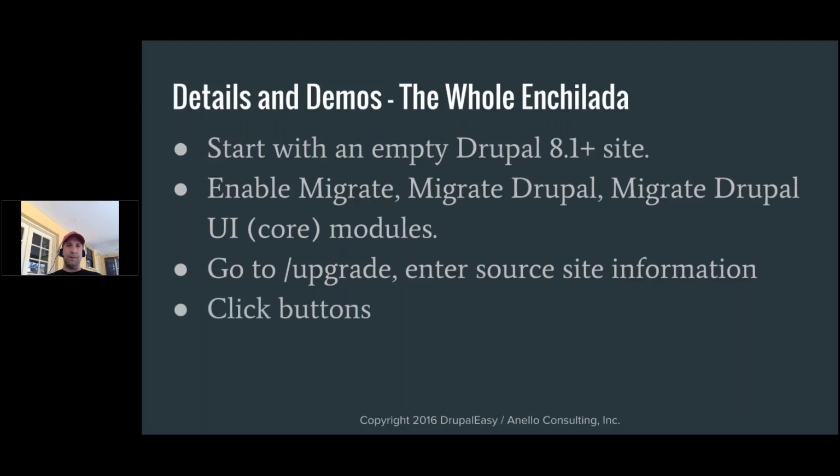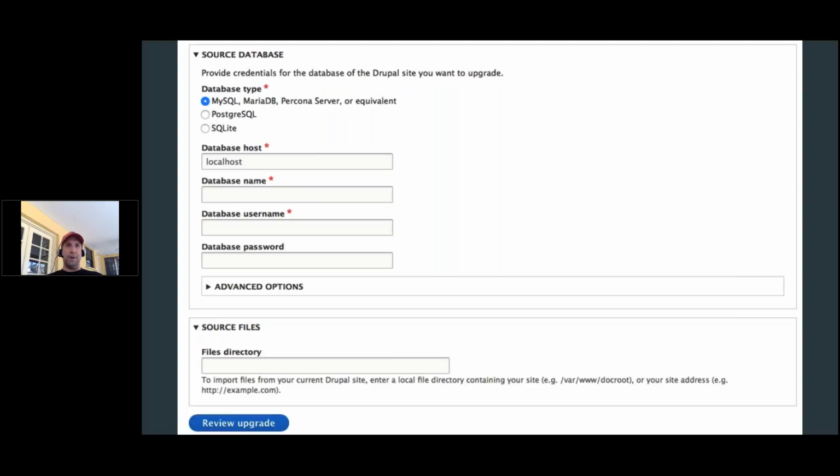This is the upgrade page right here, and it really couldn't be simpler. You point to your Drupal 6 or Drupal 7 site, provide Drupal 8 with your legacy database credentials, as well as a path to your legacy site's files directory. And the cool thing about these migrations is generally the source database does not get modified.